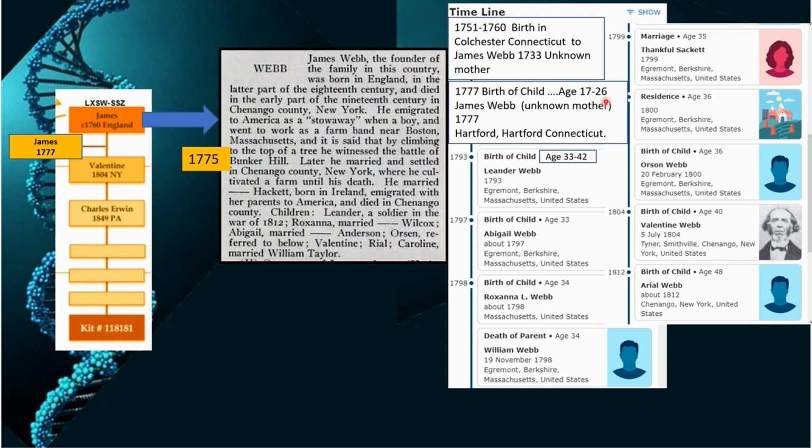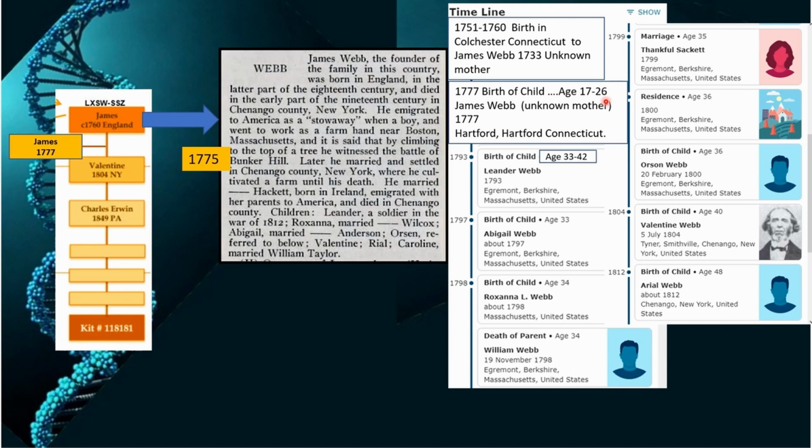It was possible for James Webb, 1733, to have a son, grow up and have another son, James, and quite a bit of years, plus or minus on that, and it still would have been possible. So that's a theory.